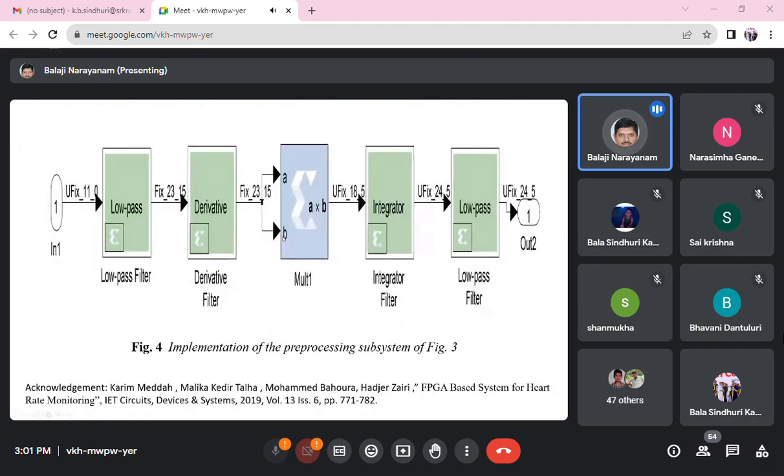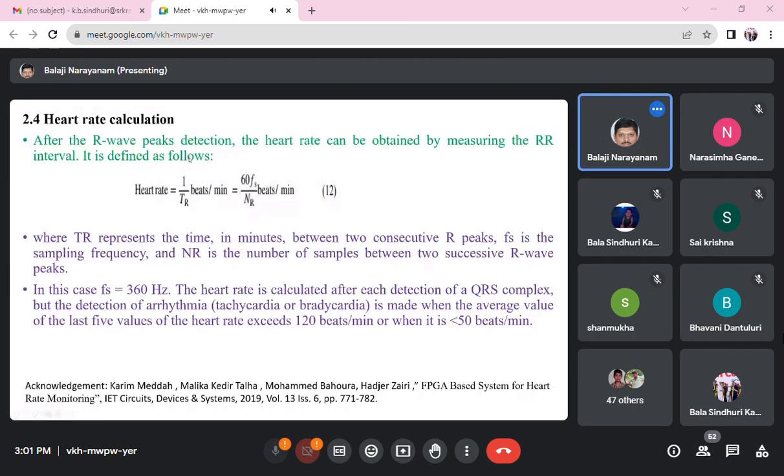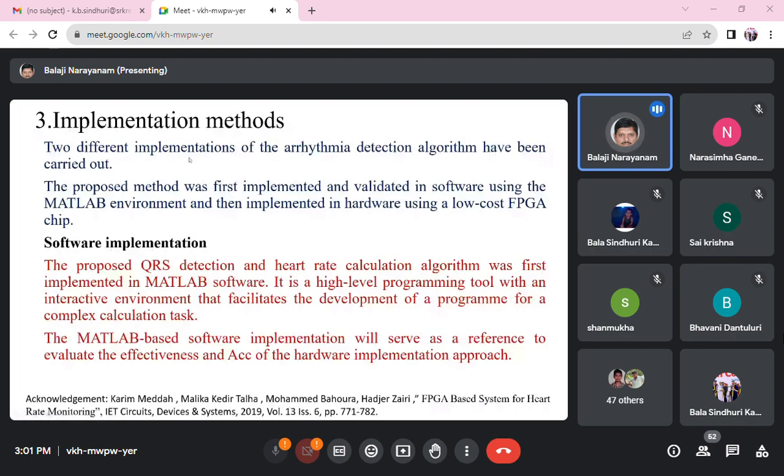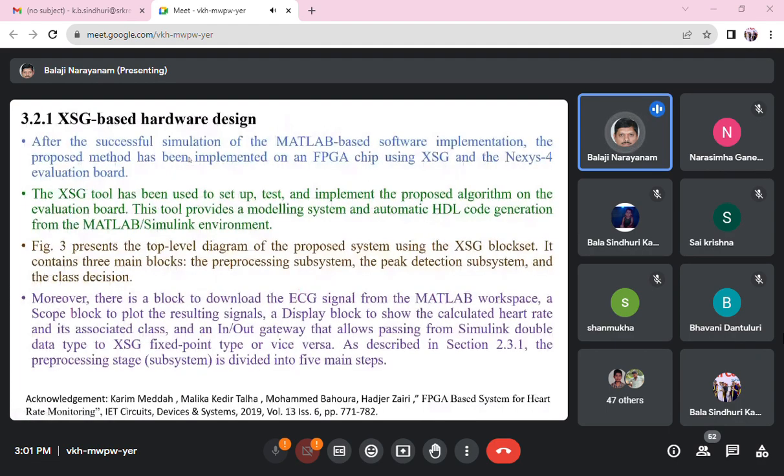And similarly, of course, the multiplier. These are drag and drop kind of blocks in the Xilinx System Generator. You can make use of these built-in multiplier, and of course integrator, and then low pass filter, then the output. After doing this, you can have the QRS detection blocks.